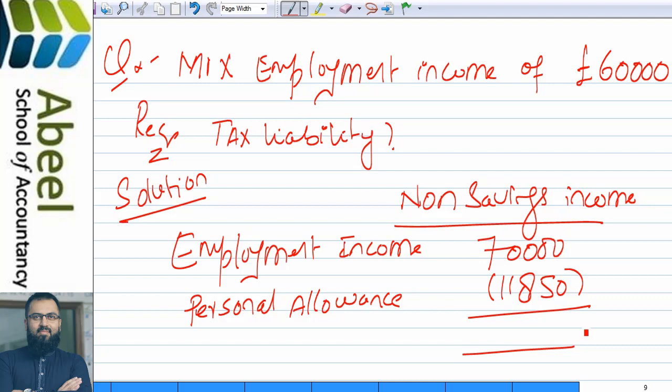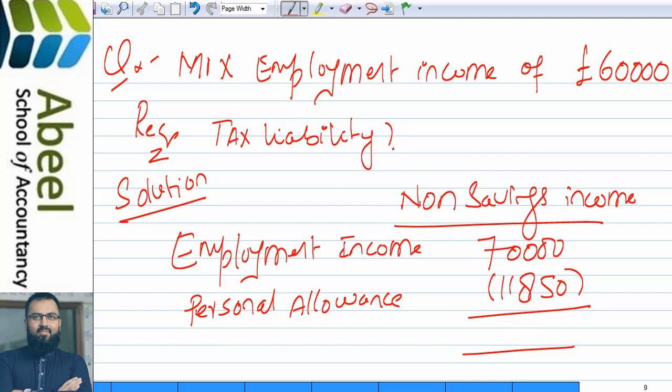If someone generates less than or equal to 11,850 in the entire tax year, that individual is not supposed to pay any tax, because the entire earnings are less than or equal to the personal allowance. But in this case, the income is far more than the personal allowance.